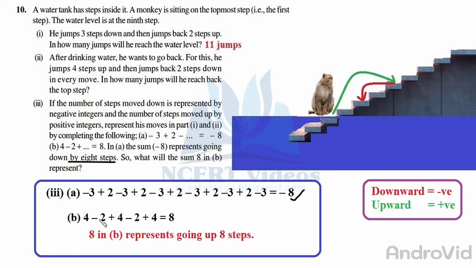Now again the B part, this is 4 minus 2 and we have to do it how many times? The easiest trick is to remember that the jumps he needed in the previous question were 5. Therefore we did it 5 times. So 4 minus 2, 4 minus 2, plus 4, and it gives you 8. So 8 in B represents going up 8 steps. So this is the fast way of doing this question. That was the last question, question number 10.